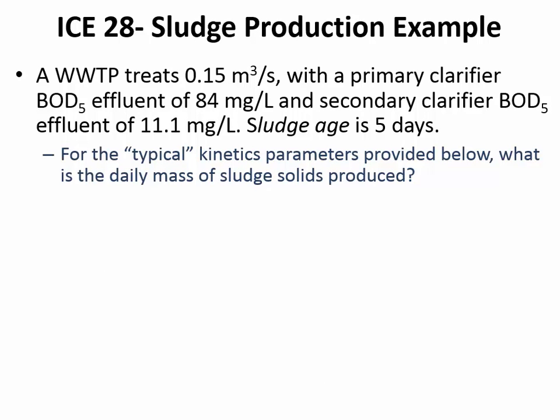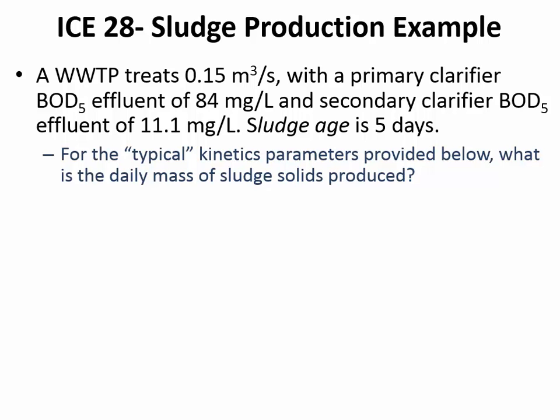So in the in-class exercise I'd like you to start on, we have an instance where the flow rate is 0.15 cubic meters per second, and we know the effluent concentration from the primary clarifier. We're assuming that this is our S naught into the aeration basin. And then the effluent from the aeration basin is 11.1.